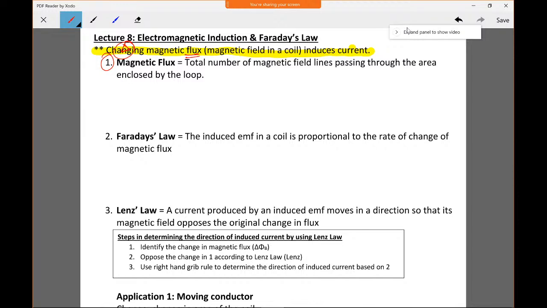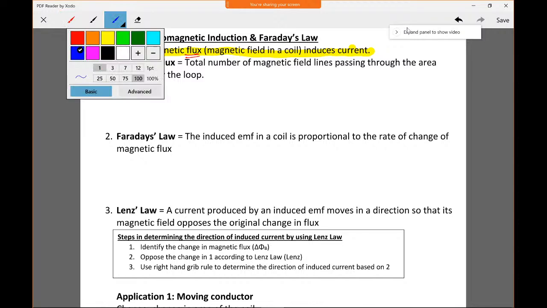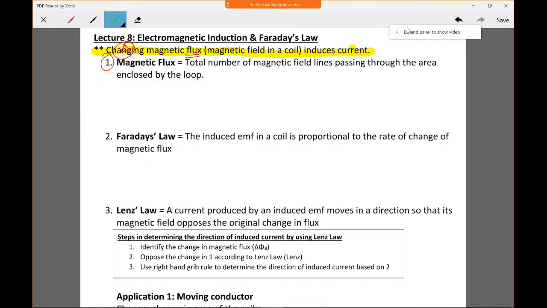So let's say on your screen here, this is a region with magnetic field which is going into the page.